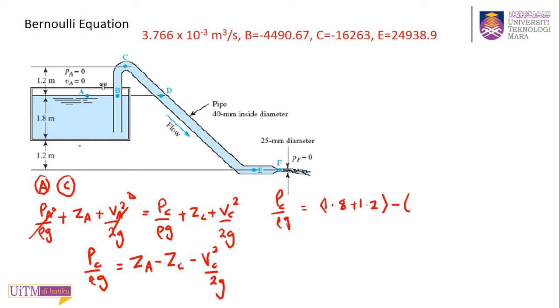Because you take the reference point at this bottom line, ZC is 1.2 plus 1.8 plus 1.2. Okay, minus your VC squared. So you have your VC, 2.997 from before, squared over 2G.